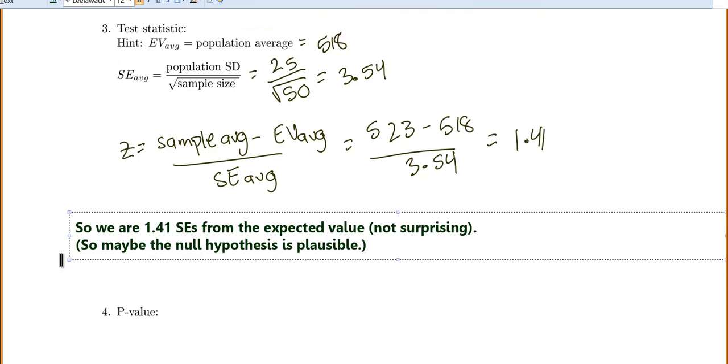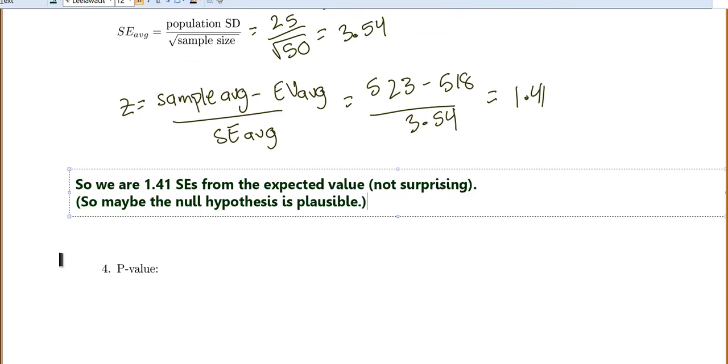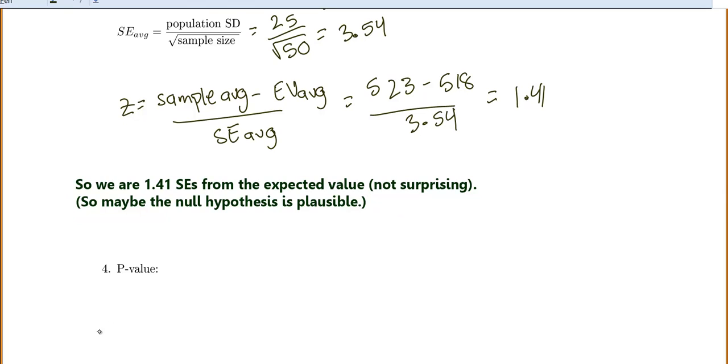Okay, now let's go on and look at our p-value to be sure. So for my p-value, we go to Z equals 1.41. We're looking for the area to the right because we're trying to show that our scores are higher than 518. So let's go to our normal table.